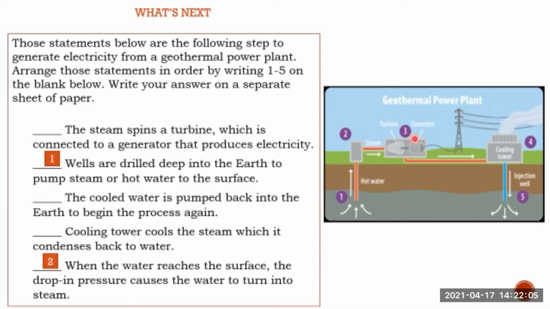Next, what do you think is the statement for the third process? Very good. The steam now spins a turbine which is connected to a generator that produces electricity. So the hot water becomes steam, and the steam now will spin the turbine. That's the third process.